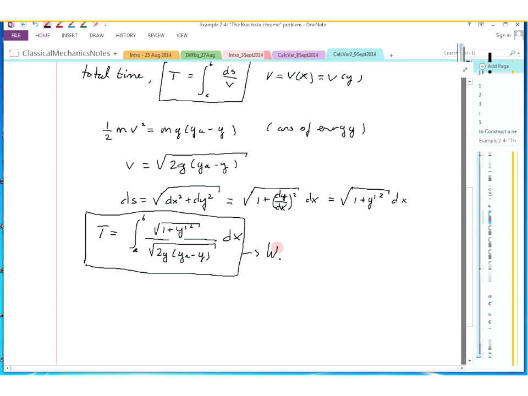And so just to be explicit, here we want to find y of x such that t is a minimum.